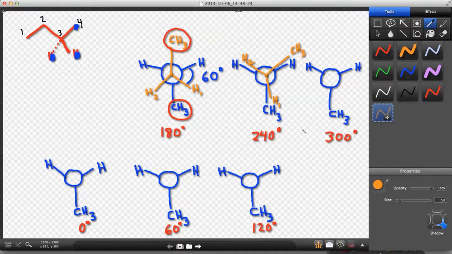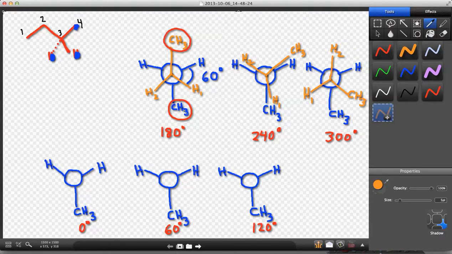Now I'm going to rotate another 60 degrees. And by this time, you should be getting the hang of the logic of making all these rotamers.